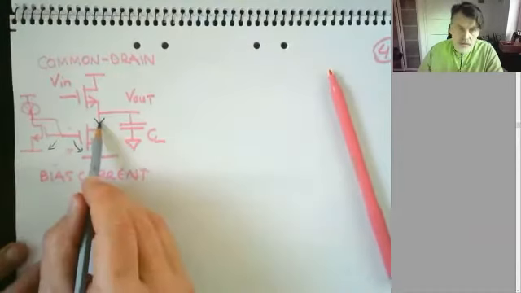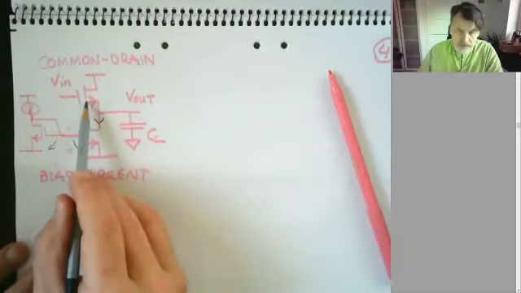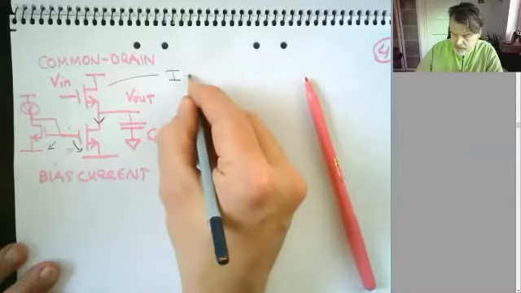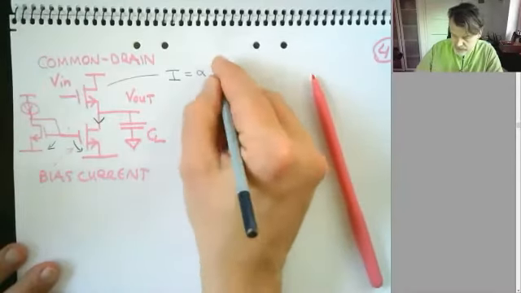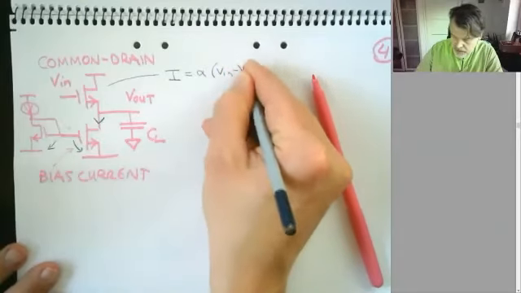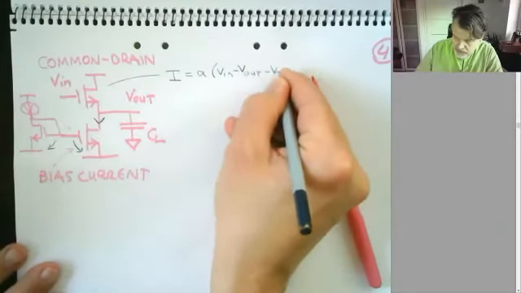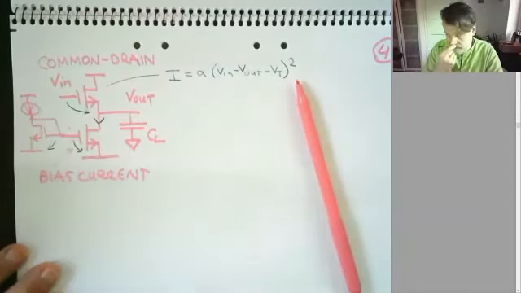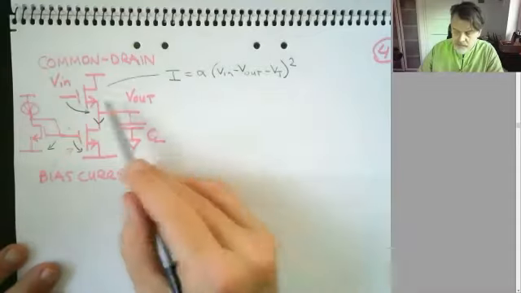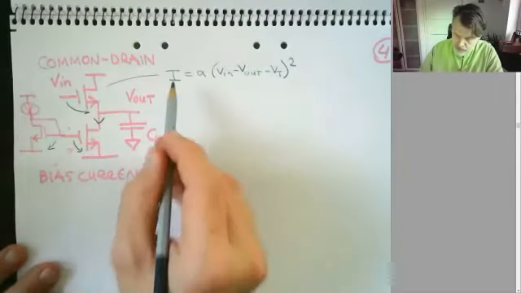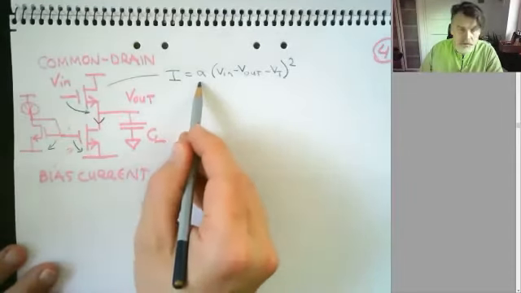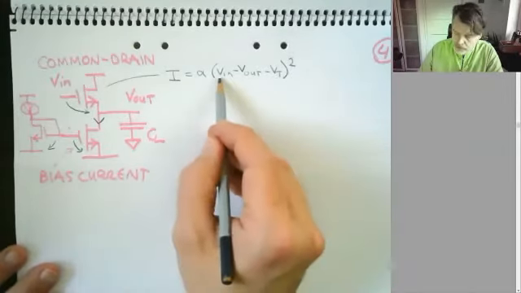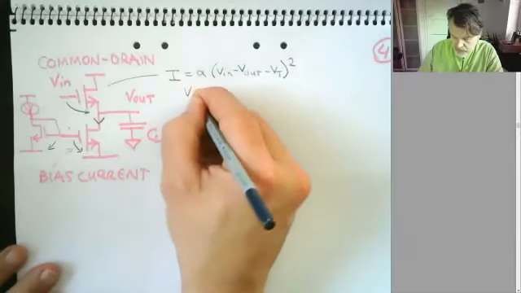If I have a current here, which is constant, and this transistor has its simple equation that we should know by now, I equal to alpha times V in minus V out minus VT squared. That's the voltage from that point to the output. That's my effective voltage of that transistor. So that's a constant once we have designed properly, and that's a constant. So obviously V in minus V out must be constant.